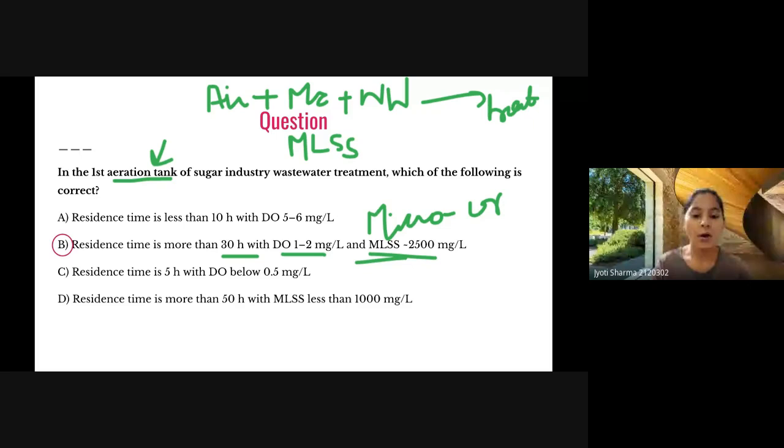So that's how we should have some MLSS concentration also, and that should be near 2500 mg per liter, and there should be sufficient residence time for the microbes, and air given to the microbes, so that your high COD wastewater can be degraded. Okay, so that's how B is the right answer.